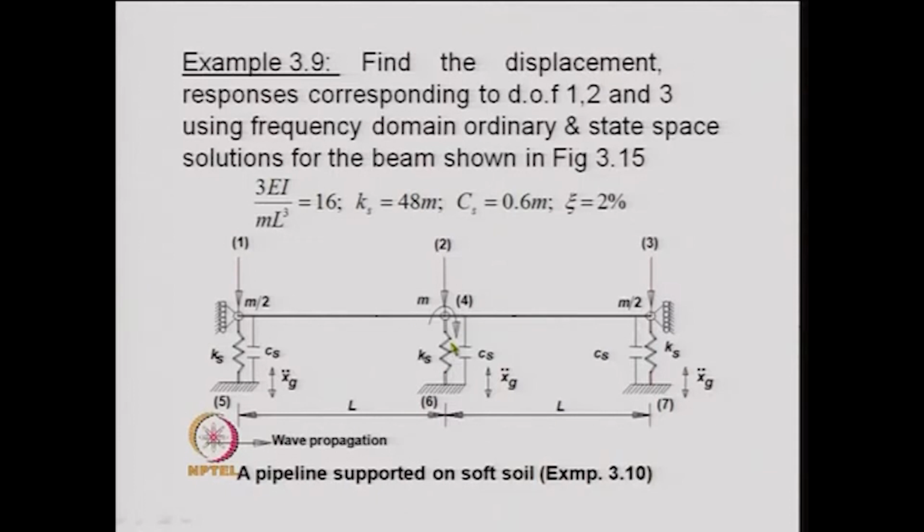So, what we do first is that we condense out the rotational degree of freedom, and then have only a 3 by 3 matrix corresponding to these vertical 3 degrees of freedom with these values which are specified over here.